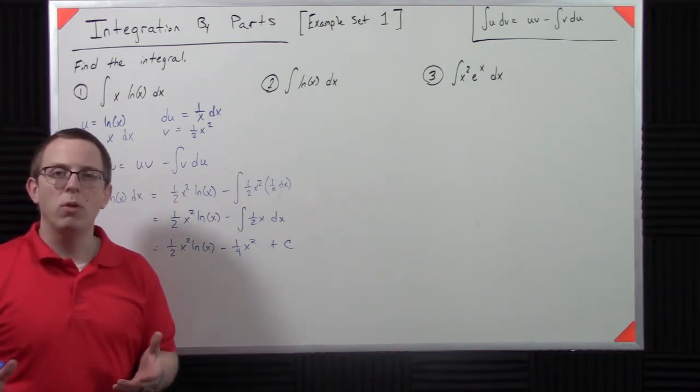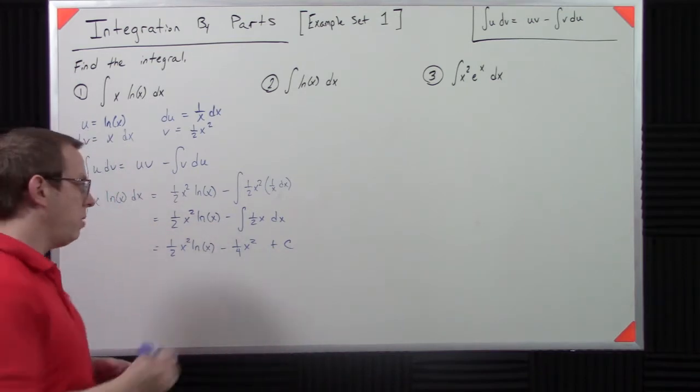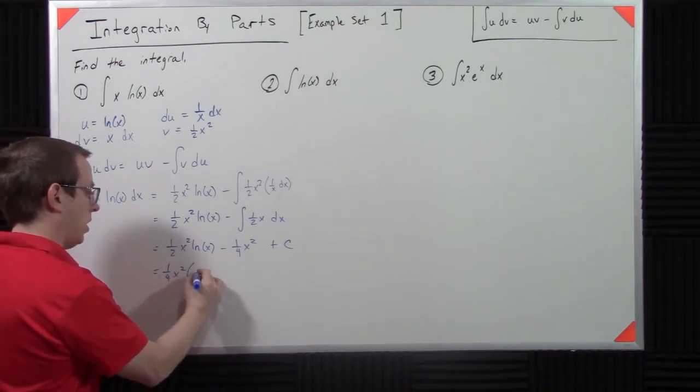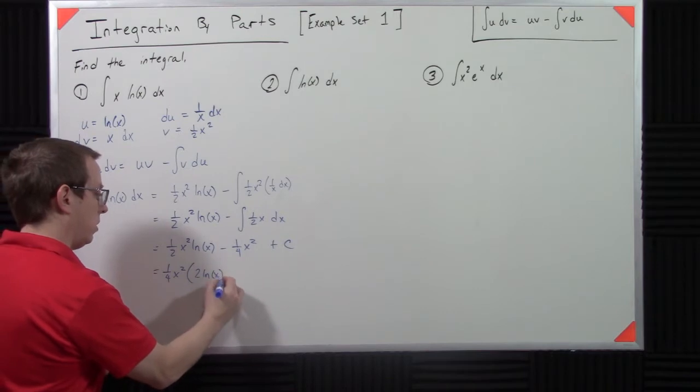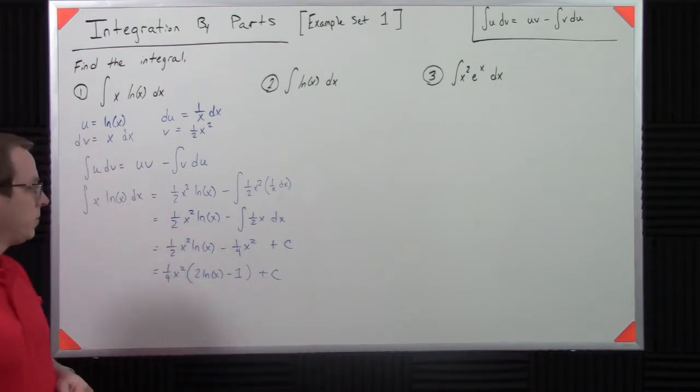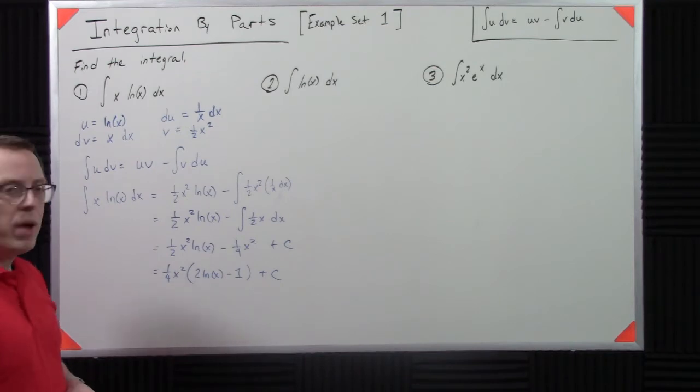Now another way you may write this, it isn't necessary, but you could factor out a 1/4 x squared and you would get 1/4 x squared times 2 natural log of x minus 1, plus c. That may or may not be helpful.